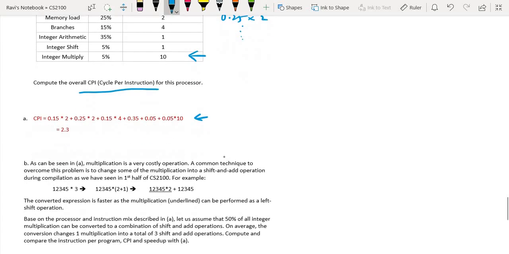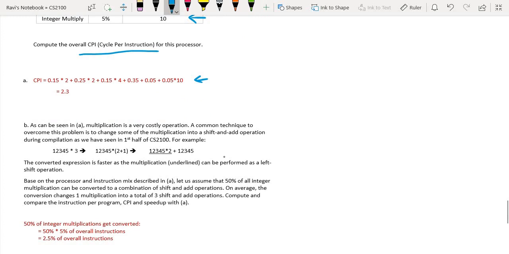Now in part B, we are focusing on this integer multiply, and we know that a multiplication can in fact be replaced with a shift and add. If I can replace that multiplied number by a power of 2, then I can do a shift, followed by an add operation here.